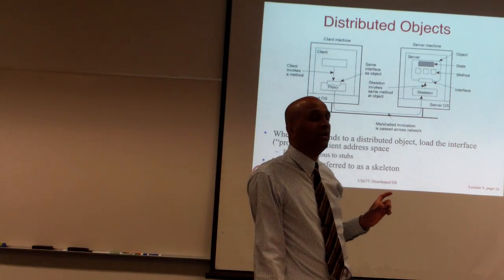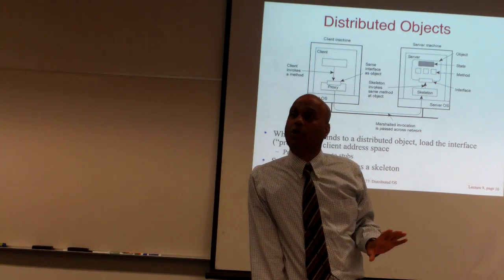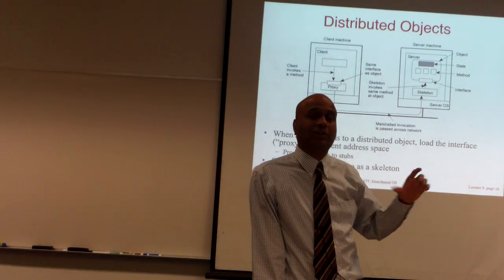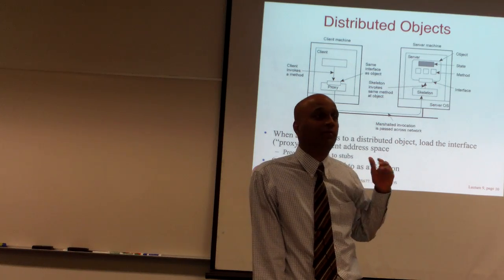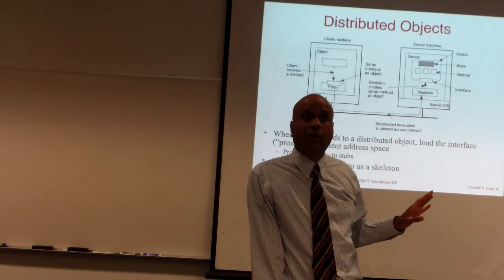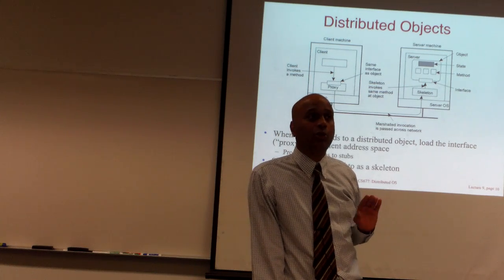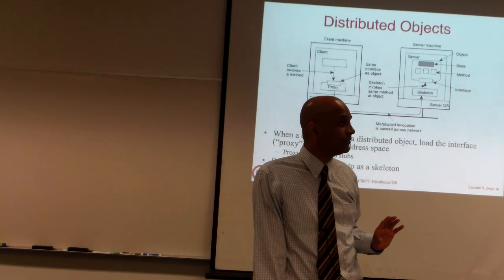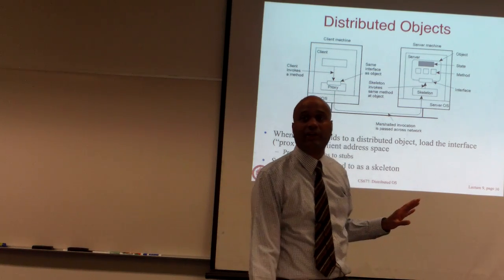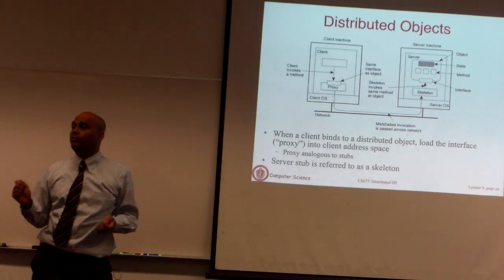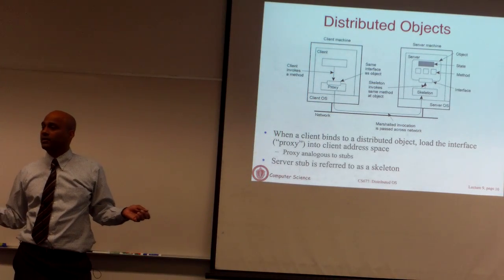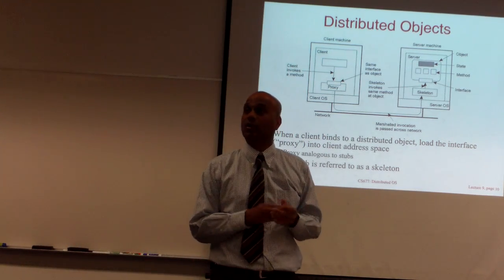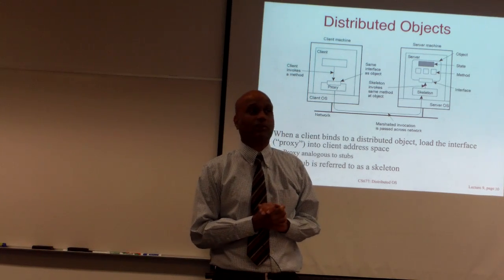All you're doing is calling foo.method1 as if it's a local object. The part where you set up a connection to the server, construct a message, send it over, and unpack it, all of that is handled automatically. That's the entire power of RPCs and RMIs, where you do not do low-level network programming. Unlike if you program at a raw socket level, where in your application code you have to construct a connection, create a socket, construct a message, send it over the socket, and so on. All that is automatically taken care of by the stub code.